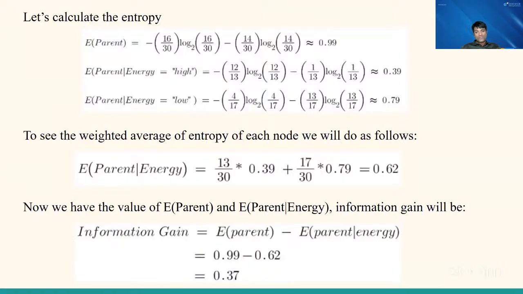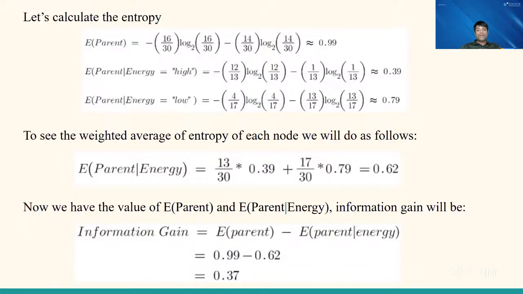Now, what we are trying to calculate are the two conditions. If the person has high energy and is going to the gym, you can calculate the entropy for that, which gives 0.39. And if the energy level is low, you get an entropy of 0.79.